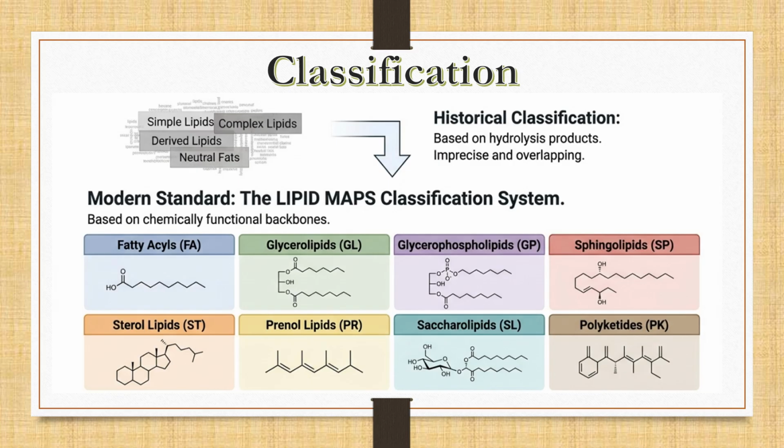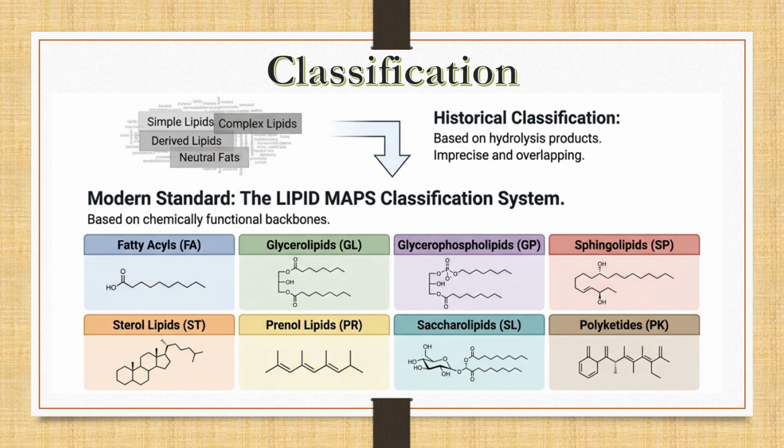Advances in mass spectrometry, lipidomics, and molecular biology revealed thousands of distinct lipid molecules. This created the need for a classification system that provides standardized nomenclature, chemical accuracy, and hierarchical organization. To address this, the International Lipid Classification and Nomenclature Committee, under the Lipid Maps Consortium, developed a system based on chemically functional backbones.